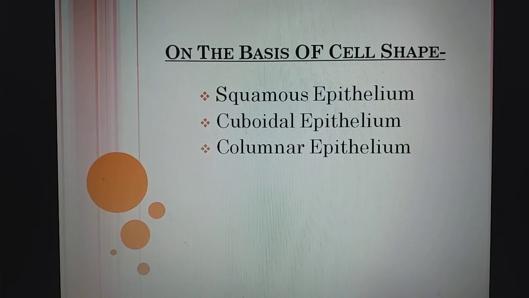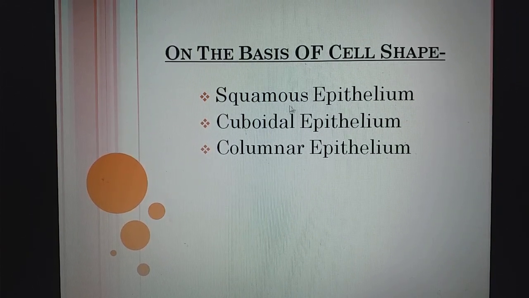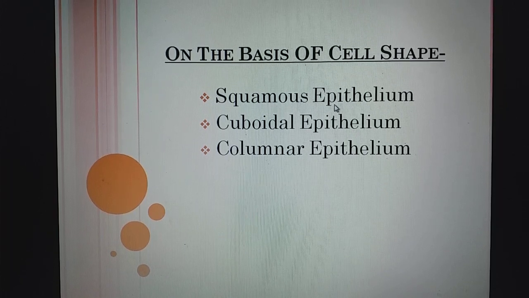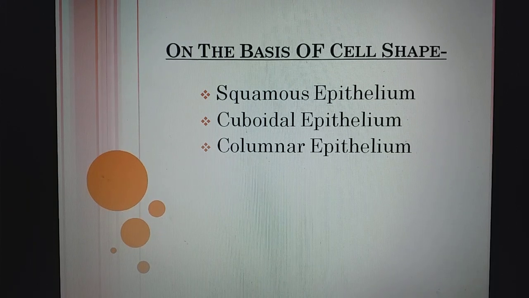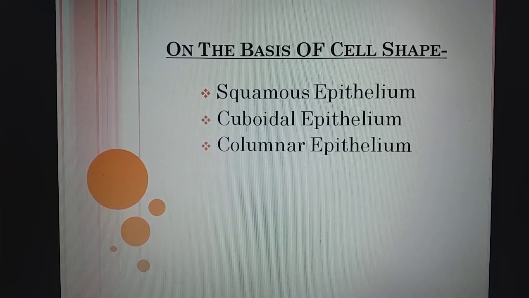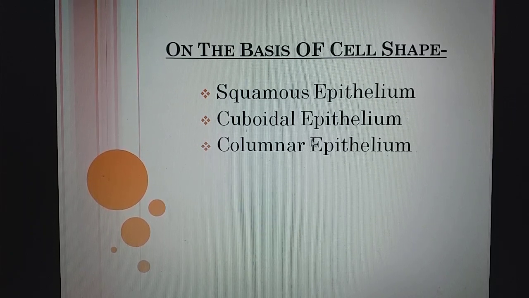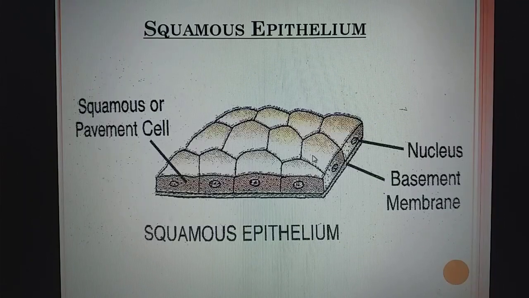Now we will study the category of the epithelial tissue on the basis of the cell shape. Among that, we have already done squamous epithelium tissue. I think you might be remembering it. That means in this the cells are fixed together like the tiles on the floor, and it has the nucleus in the center. Now we will do cuboidal epithelial tissue.